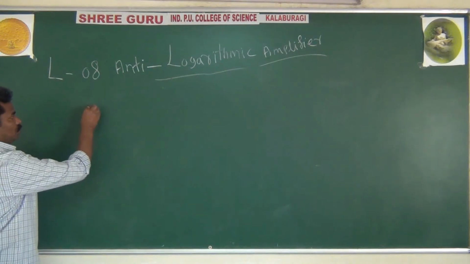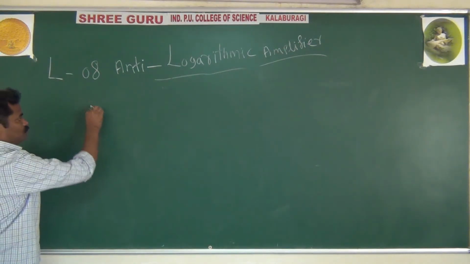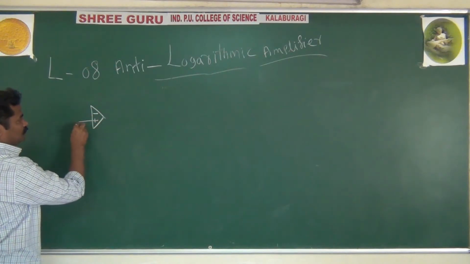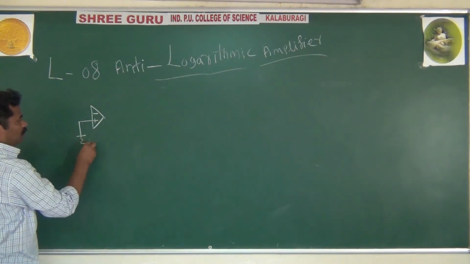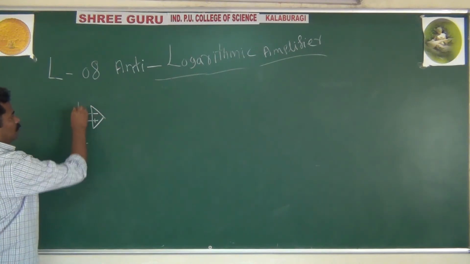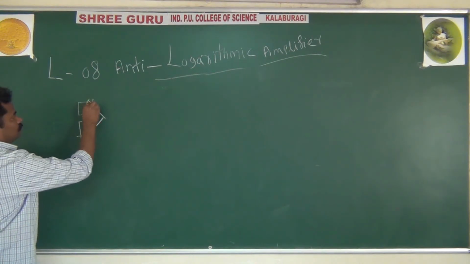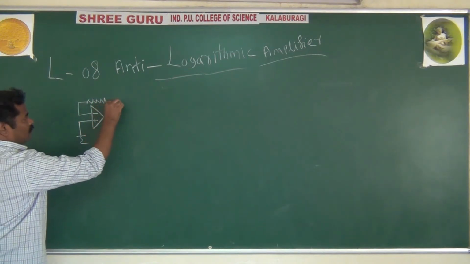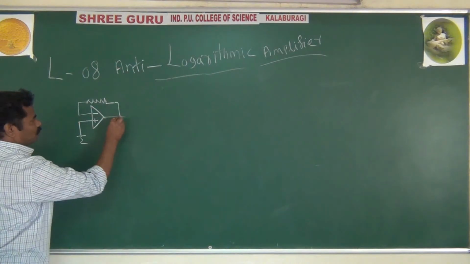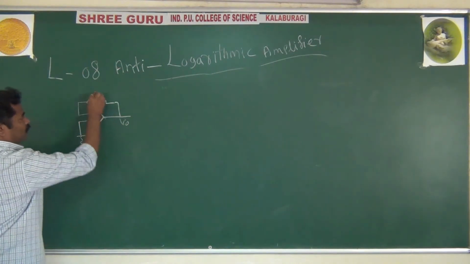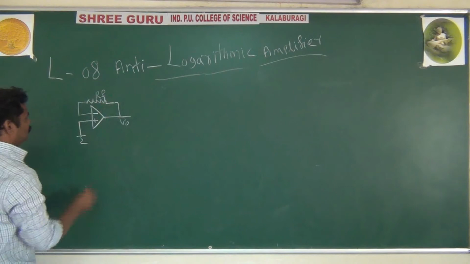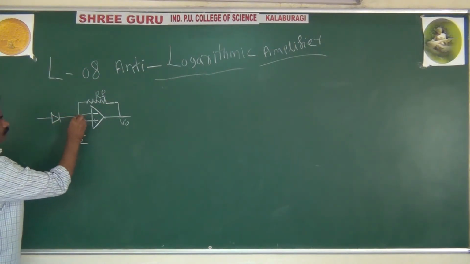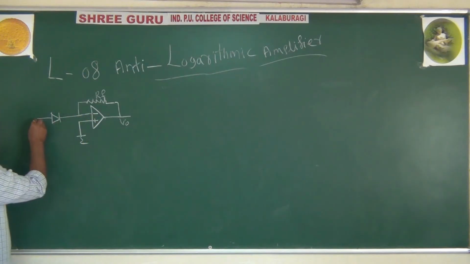As usual you draw the figure first. As I said already, there is a very small change in the figure, the remaining is as it is. You make the non-inverting terminal grounded, and you apply the feedback resistor here. We can connect the diode in the input side.